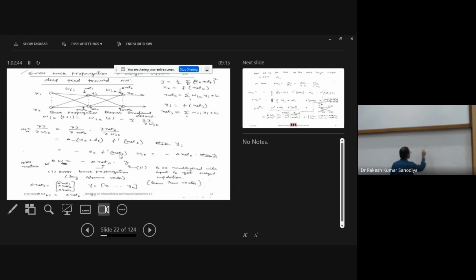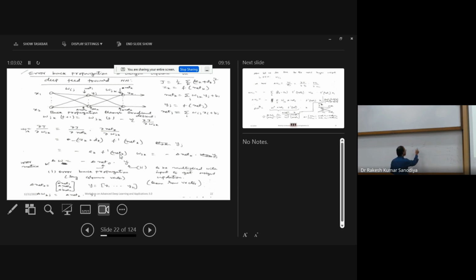Net 2 of 1. So you can see here, right? What do I do now? Initially, if I want to get net 2 of 1, what do I do? It is a weighted sum of all these elements.